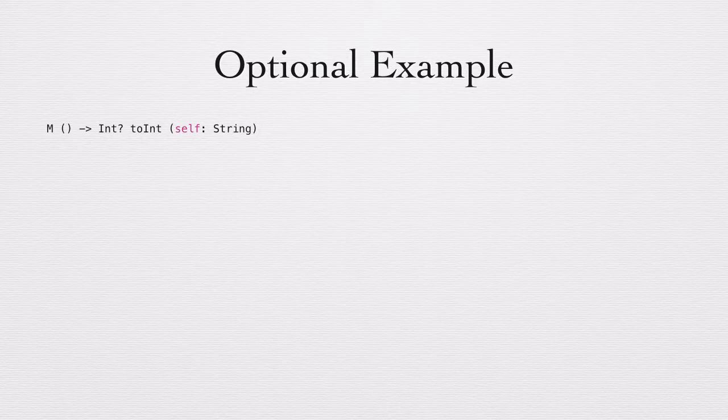We will be discussing functions later in the course. It is enough to know that the function return type is specified as int followed by a question mark. This exactly is an optional. The function may return an integer if it is able to convert the input string into a valid integer value, or it does not return anything at all.